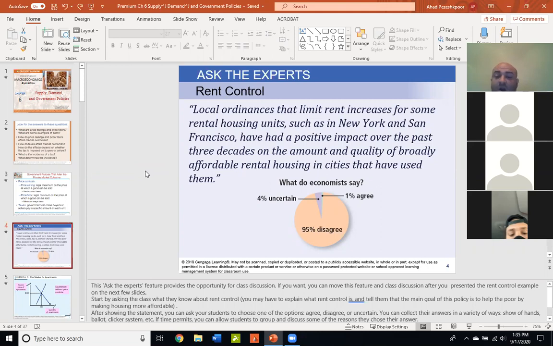As you can see, 95% of economists disagree. They say rent control policies didn't help with the quantity or quality of housing.